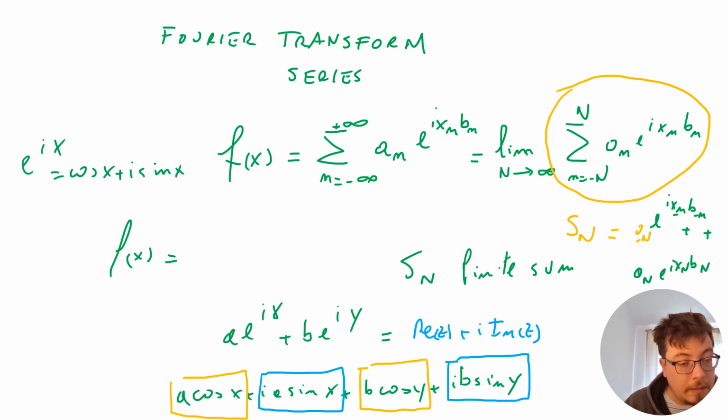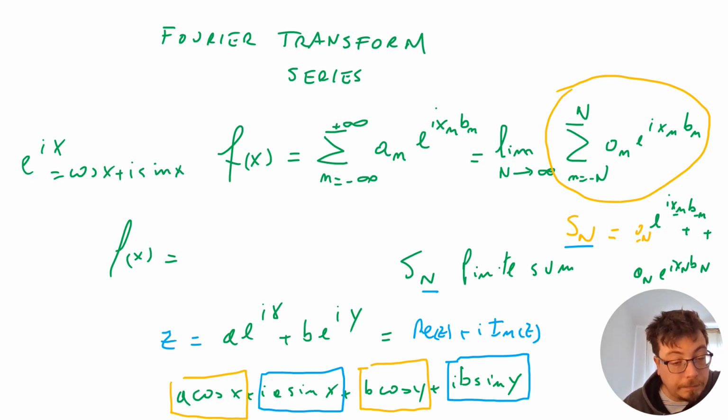Nothing complicated here. This sum has many elements. You keep doing this summation and you end up with a complex number which depends on N. And then you have a list of these complex numbers.